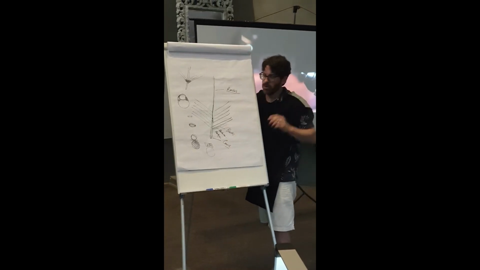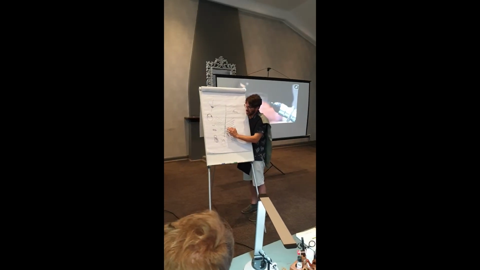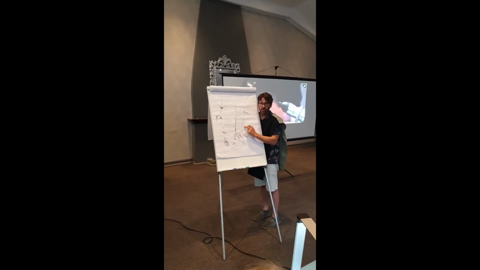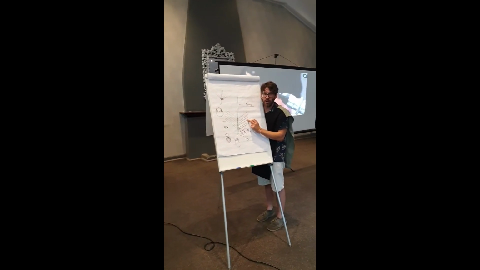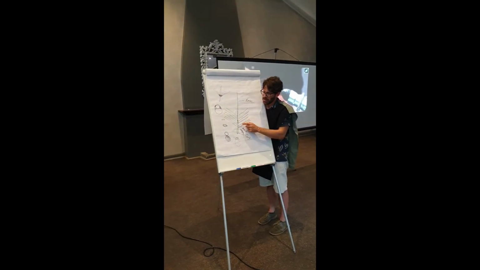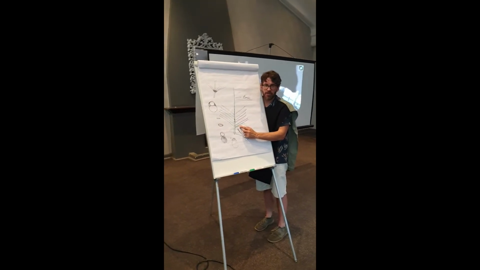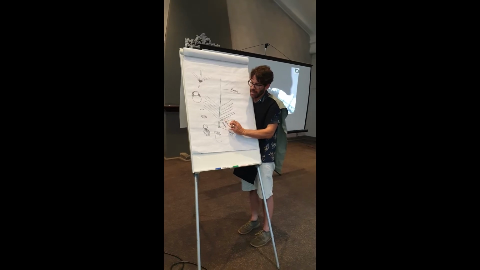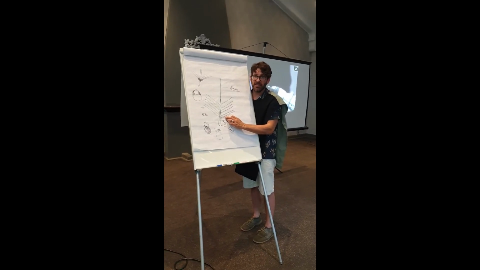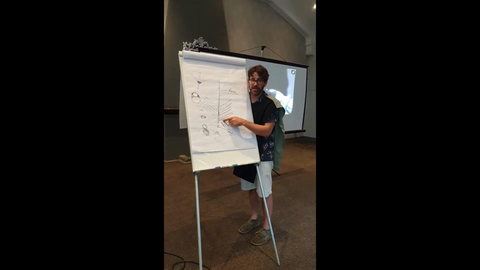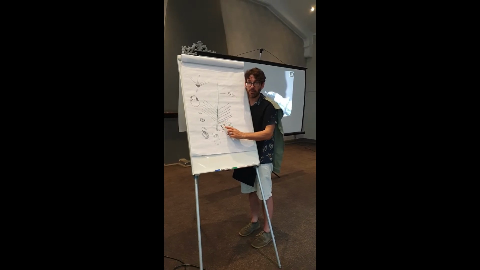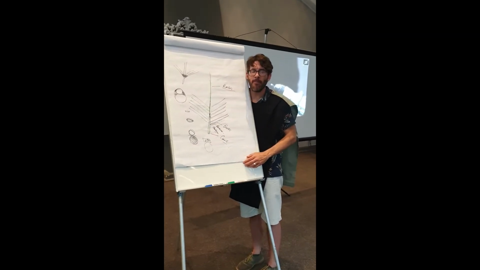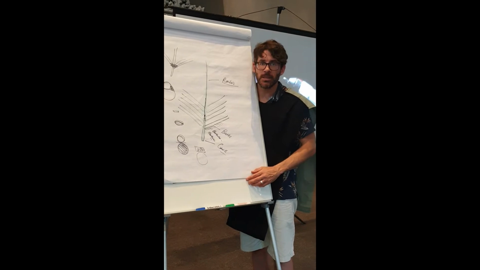Okay. Terminology. These sections coming off of the rachis are called barbs. These little sections coming off the barbs are called barbules. Sometimes, in the case of CDC, you'll also have smaller sections coming off the barbules, and these will be called barbicils.